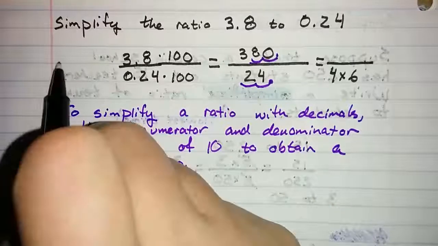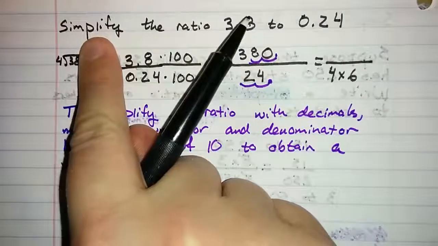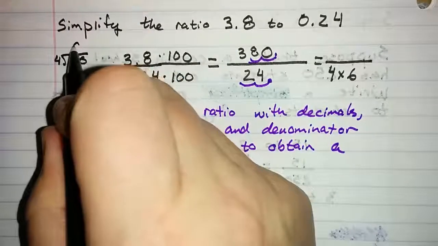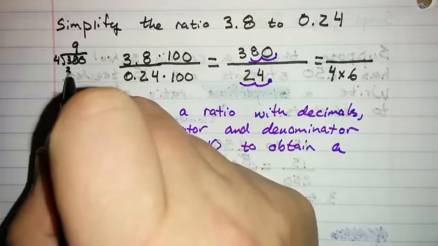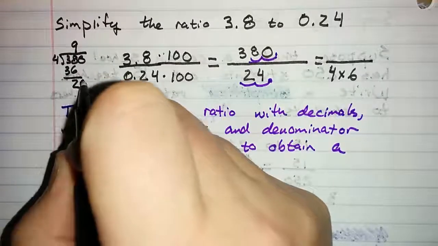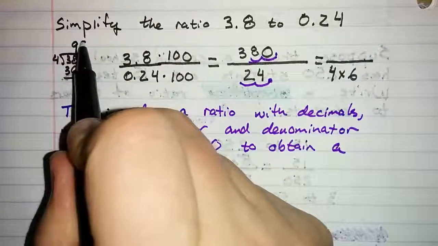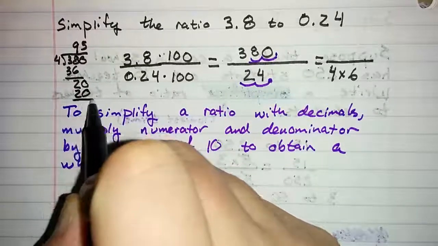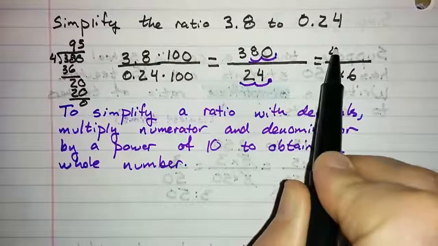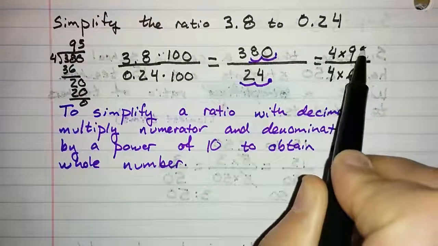380, I need to write out the division. 4 goes into 3 not at all, into 38 9 times. 9 times 4 is 36. 4 goes into 20 5 times, with nothing left over. So 380 is 4 times 95.